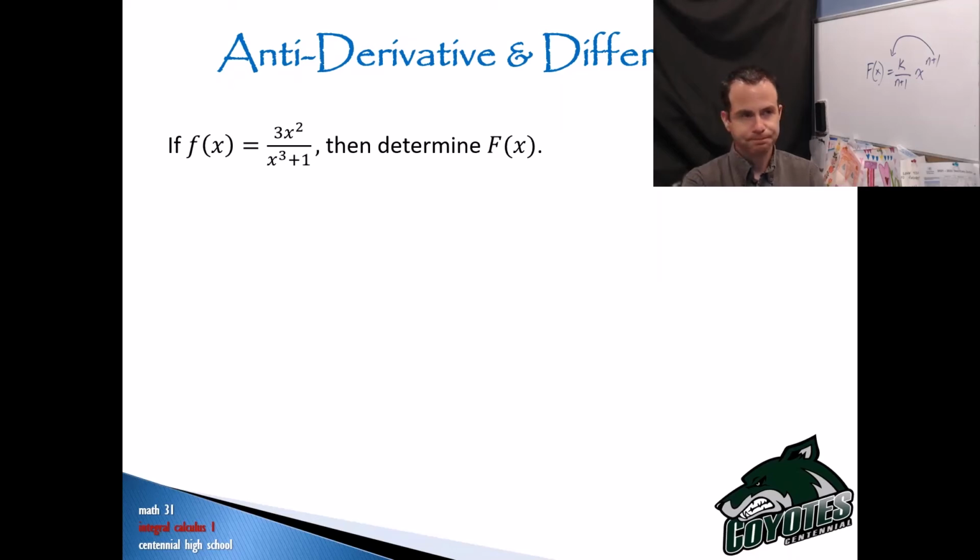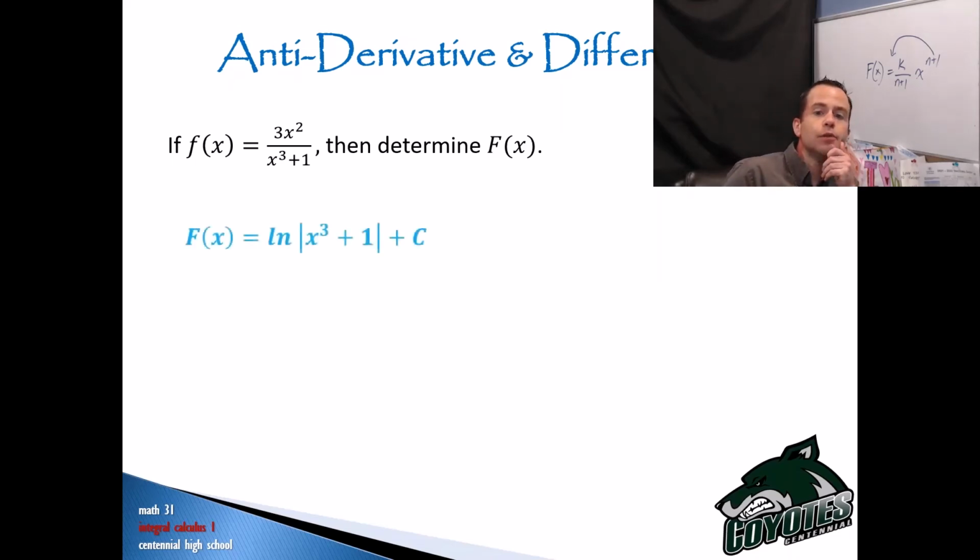Do you know what I mean? So right now, my answer is x cubed plus 1 to the -1, essentially. And anytime I have 1 over something, that's the ln. So I'm going to look at this as the ln of x cubed plus 1 plus c.